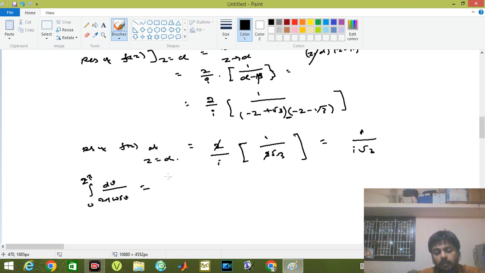Equal to integral over C, we will have 1 divided by iz, dz divided by iz into z plus 1, sorry, it is z plus 2 into z plus 3, I think.